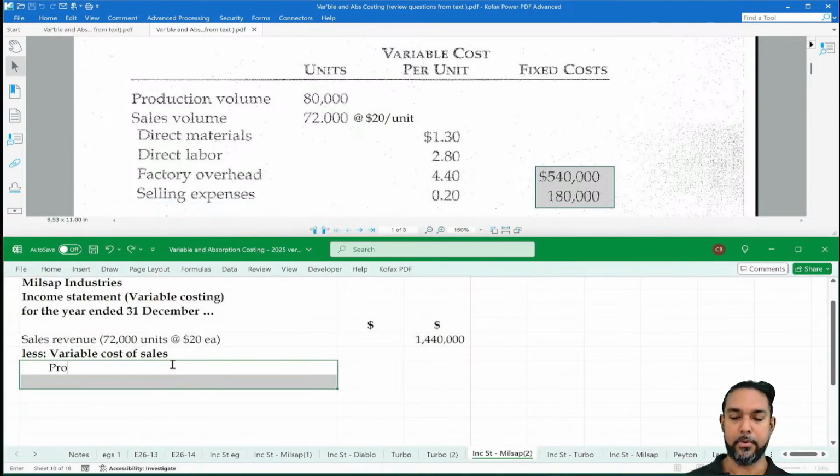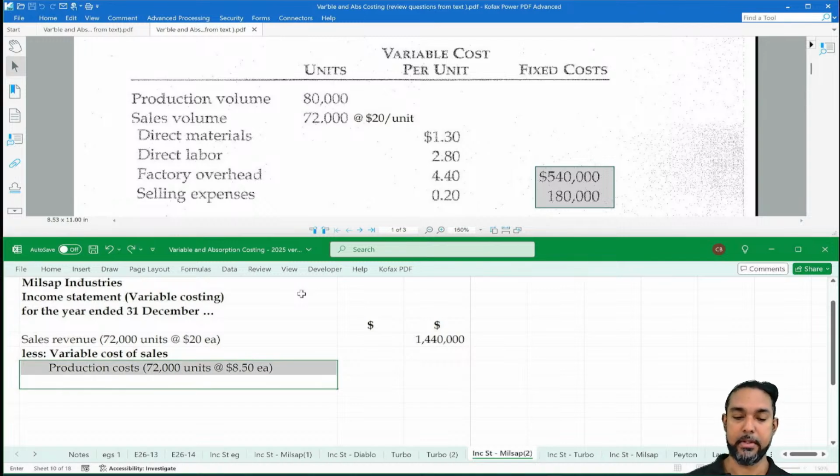So we have the production costs. That's 72,000 units again at 8.50 each. And then the selling expenses: 72,000 units at 20 cents each.